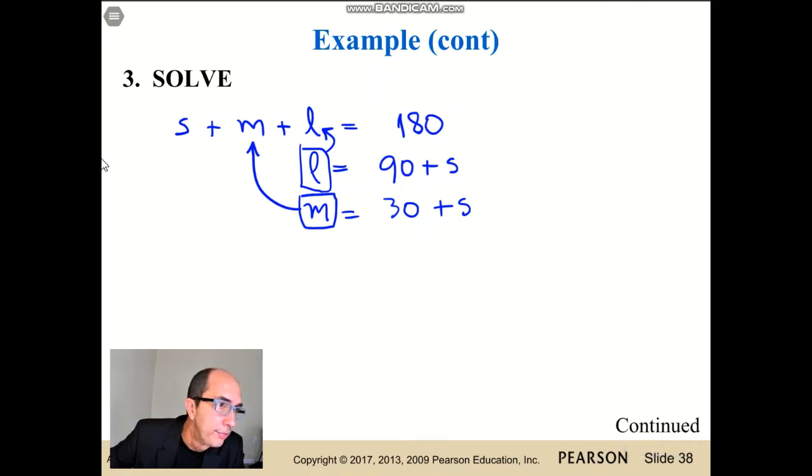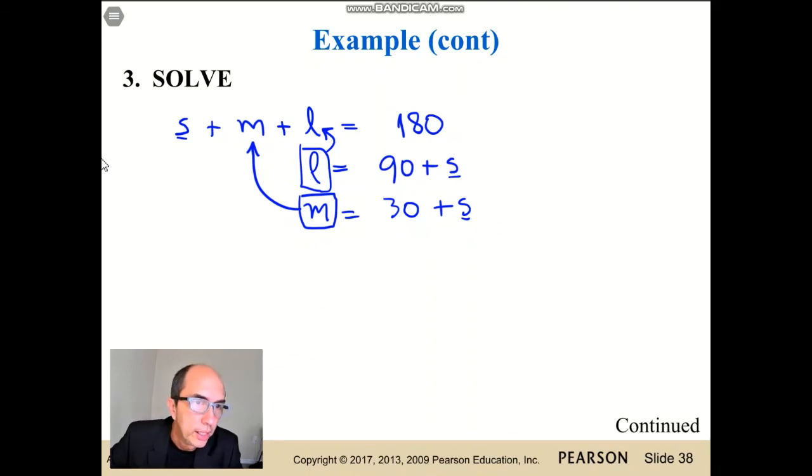Everything as a function of S. So after I make the substitution on the first equation, I'm going to have a whole equation as a function of S.